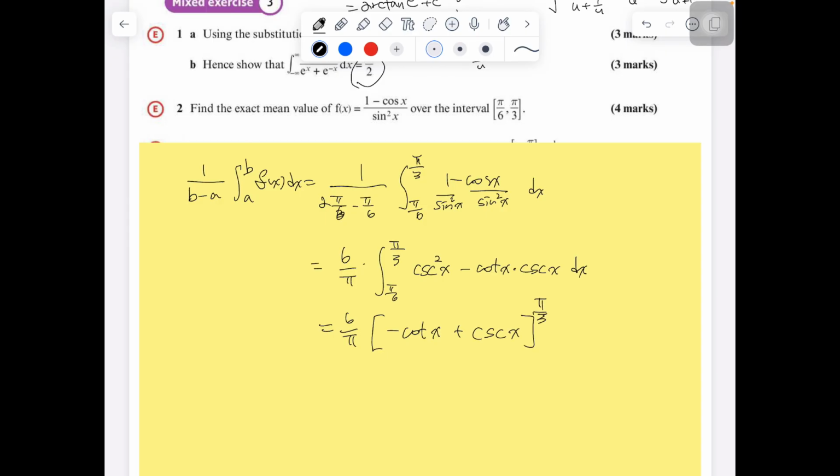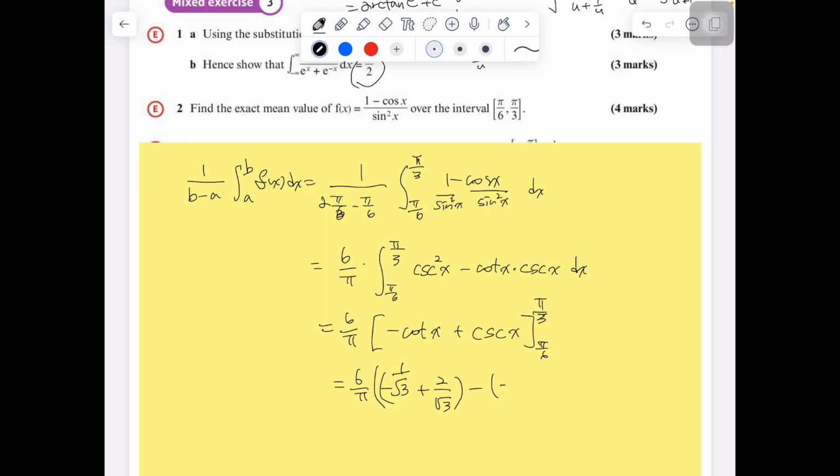So 6 over pi, then negative cotangent of pi over 3, which is 1 over square root of 3, plus cosecant, 2 over square root of 3, minus the pi over 6 values.